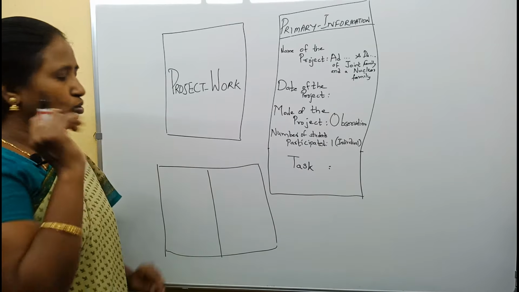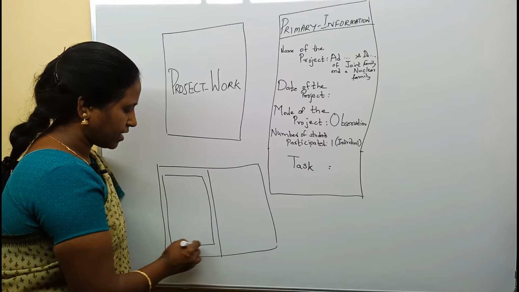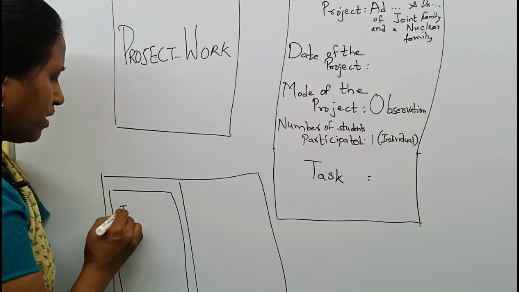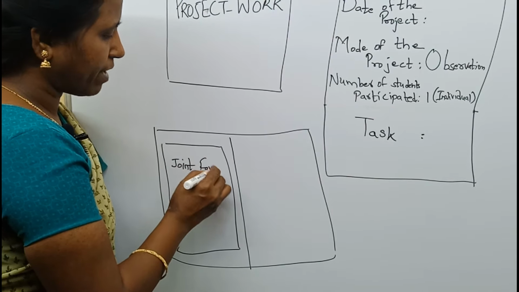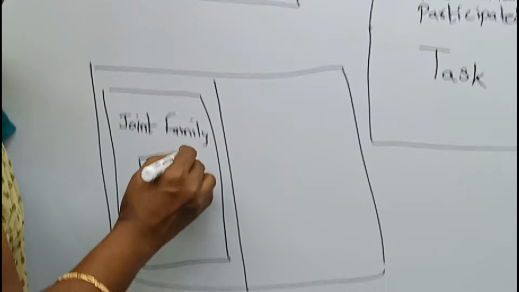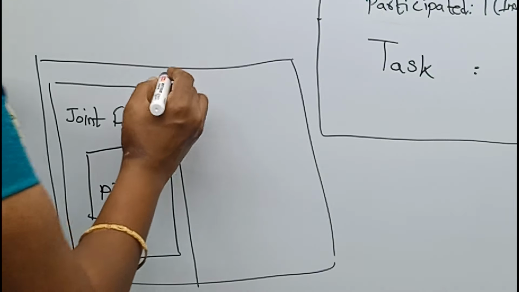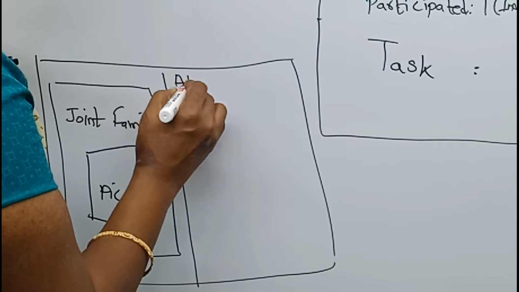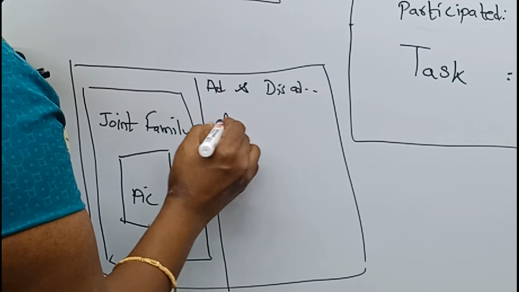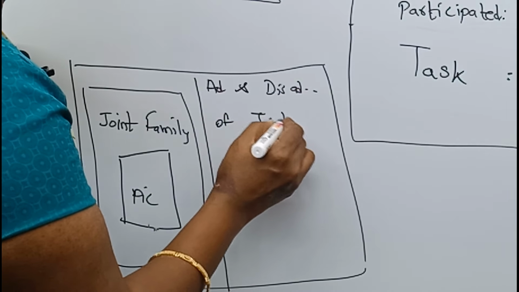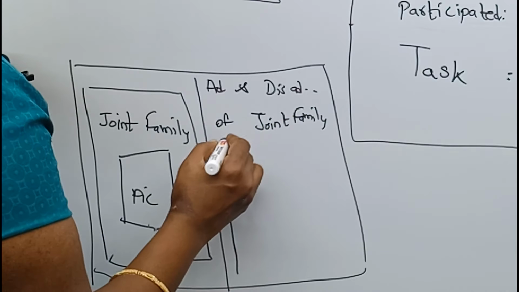So we draw a margin, and at this side we paste the picture of a joint family. Here goes the picture. And here we write advantages and disadvantages of joint family as the heading, and we make the tabular column.